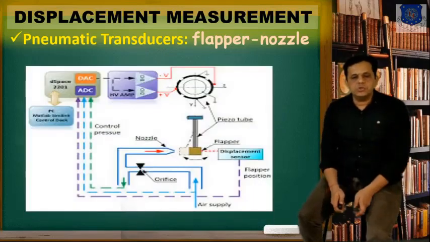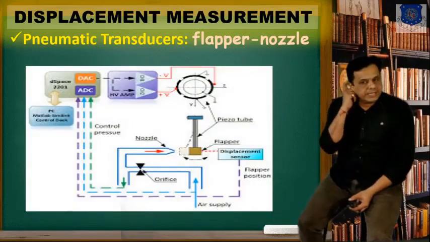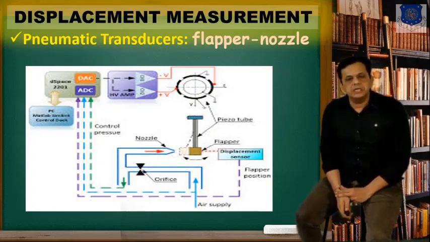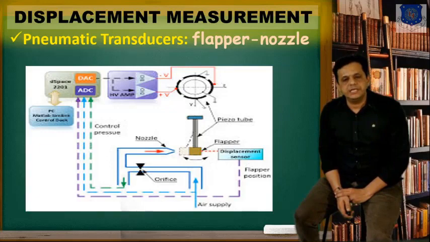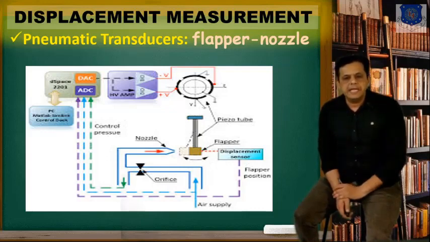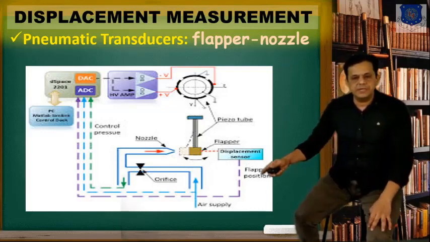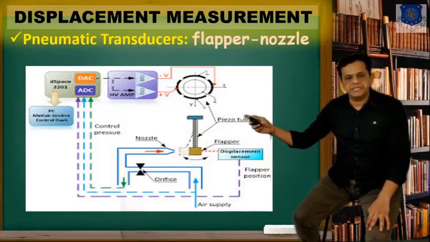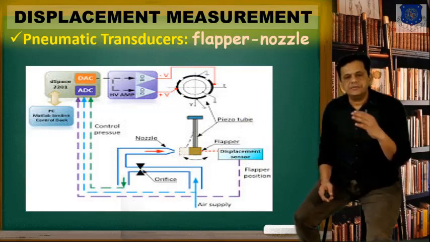Here I am showing you one small practical application, where the supply line is created, where you see the nozzle with the red indicator, and the green is the release pressure from the orifice, and the air supply, I get 20 psi. And again you see the displacement sensor is connected with the flapper, and the flapper is connected with the piezo tube, and that will vibrate.